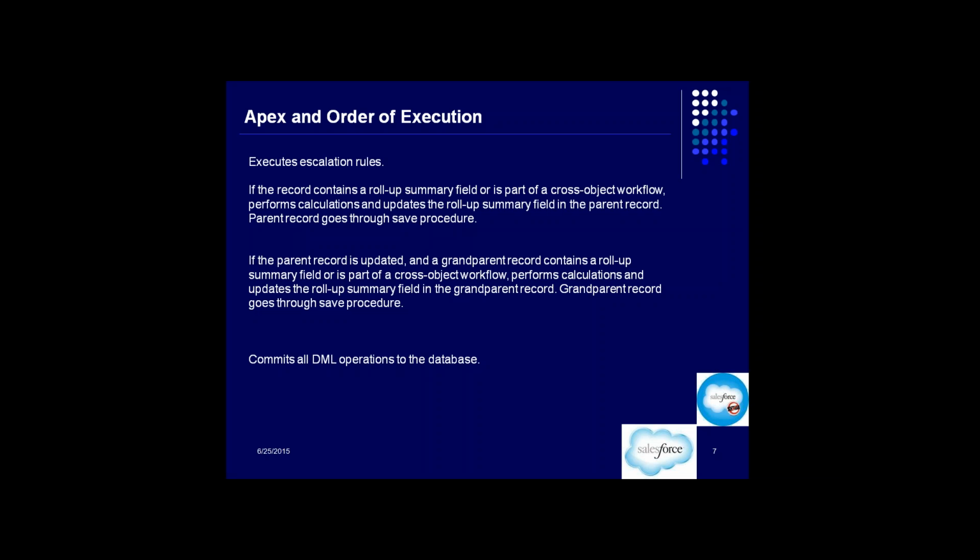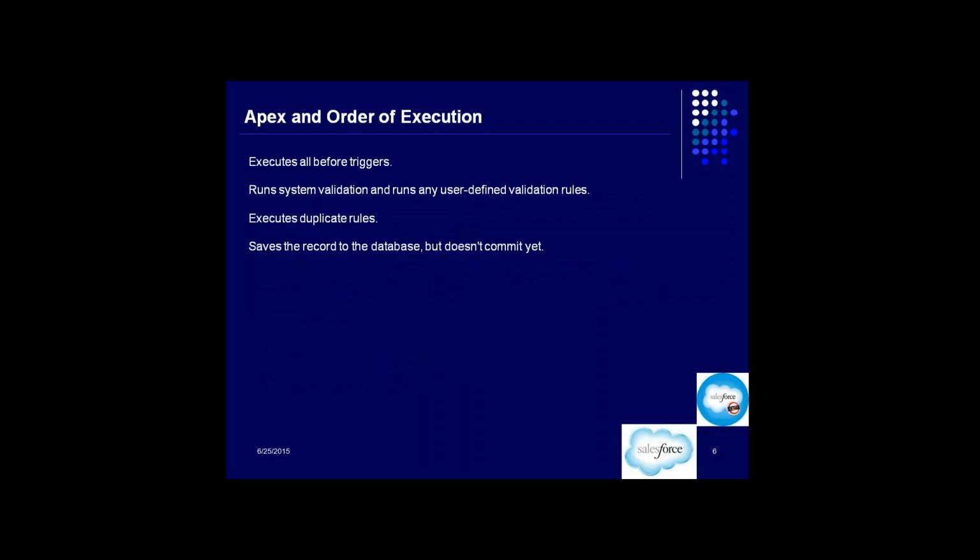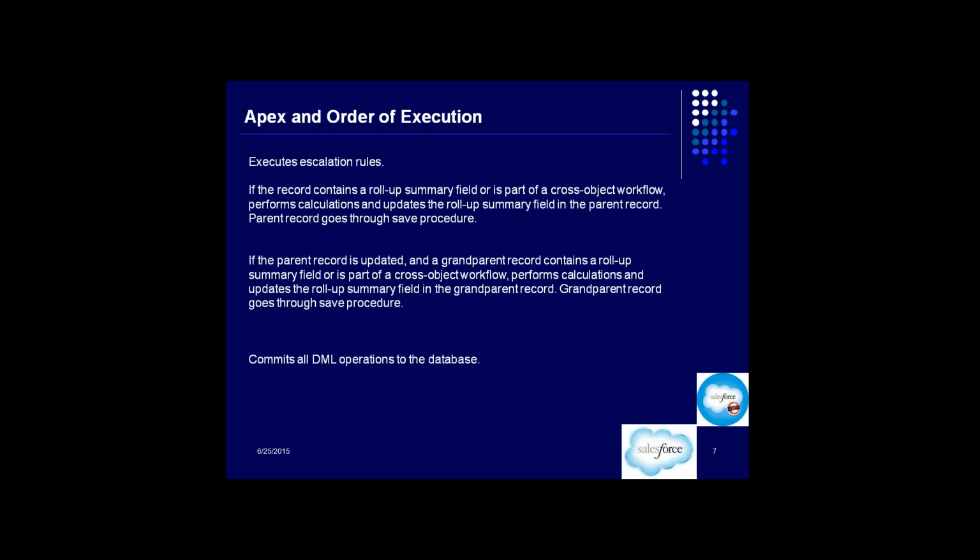That creation happens till the stage where I say this account gets saved, it's not committed. Then it does the same process for the contact, it gets saved, then it does the same process for the opportunity. Finally the data commitment to the database will happen when it finds that no record has an error, then it commits all DML operations to the database, right? In the meanwhile, if there is any problem in any of the records, it will get rolled back.